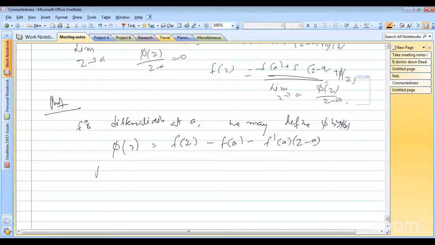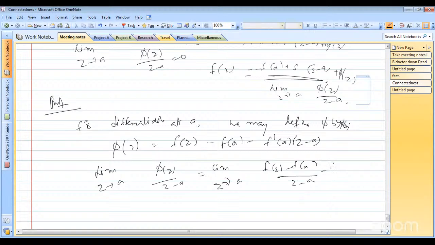So therefore the limit as z tends to a of phi(z)/(z − a) is the limit as z tends to a of (f(z) − f(a))/(z − a) minus f'(a).